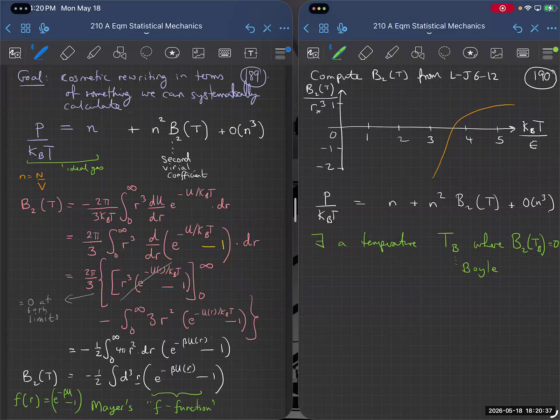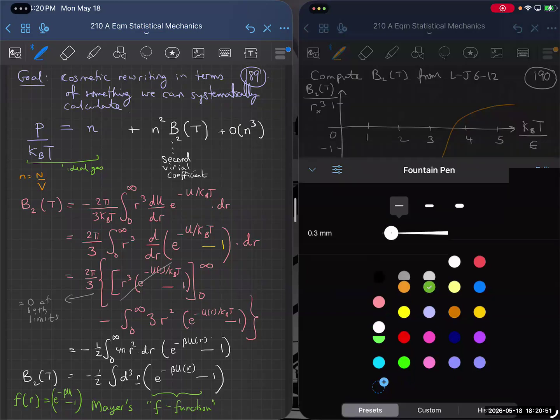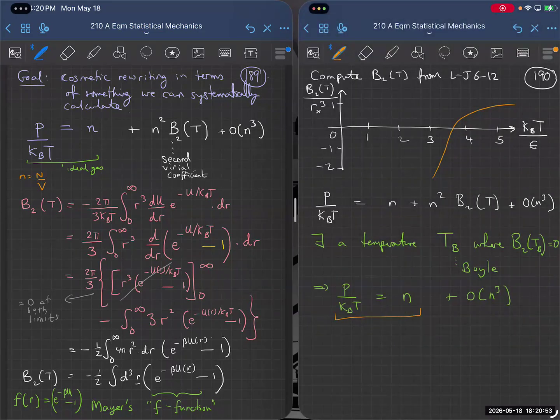And so for that one temperature, that means that P over kBT is equal to n, the ideal gas formula, plus a correction of order n cubed. So at the boil temperature, the gas behaves more or less like an ideal gas.